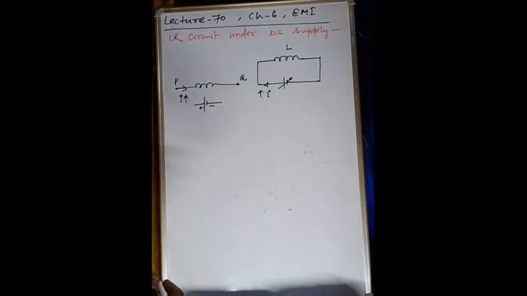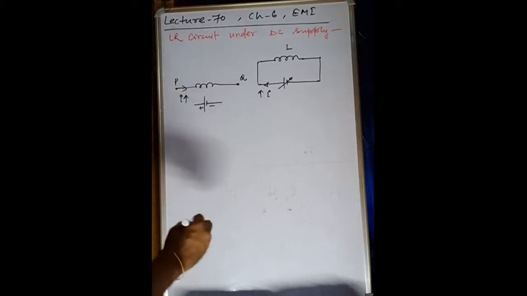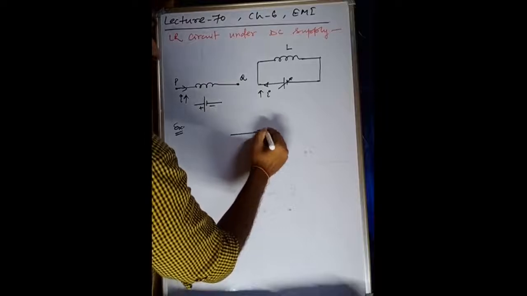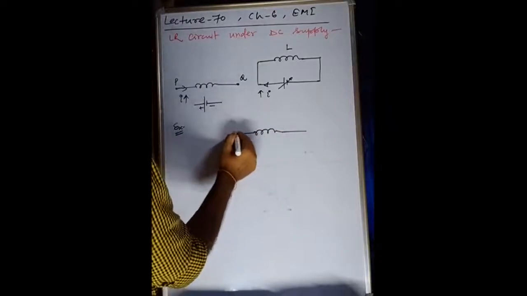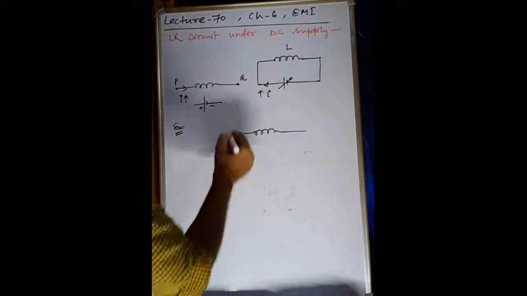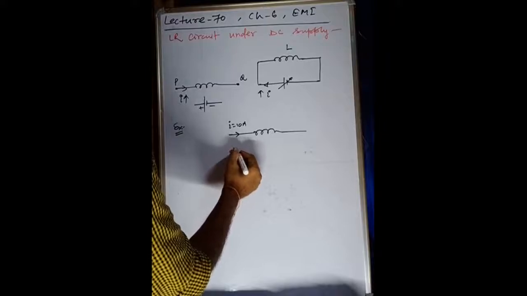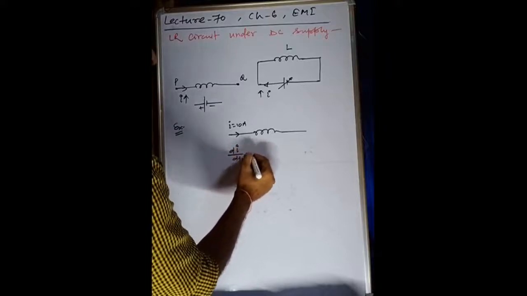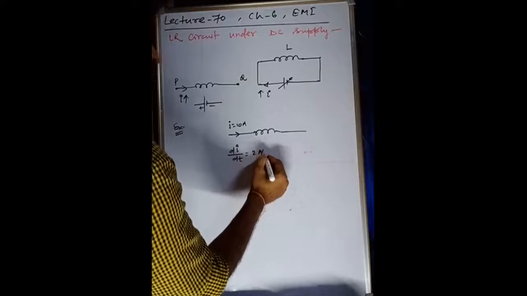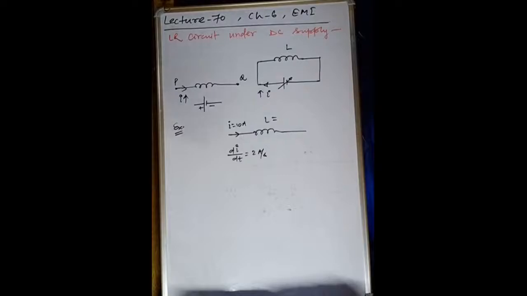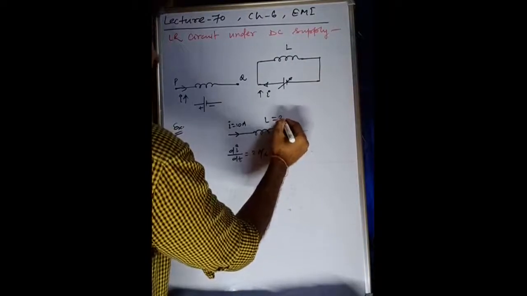Alright, now how we have to solve the question? Suppose I am giving you a very simple example. This is the inductor through which current is flowing. Suppose I is 10 ampere, but this current is changing with the rate di by dt, given as 2 ampere per second, and the inductance of this inductor is given, suppose, L equals 3 Henry.